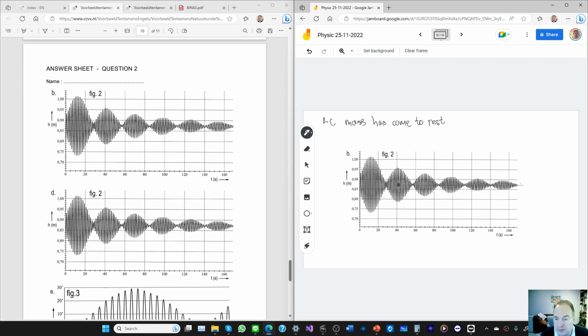Okay, so that's not super simple in Jamboard. Here, this is 0.85, and they divided this into 1, 2, 3, 4, 5 minor grid units. So it is about 0.87 meters above the ground.